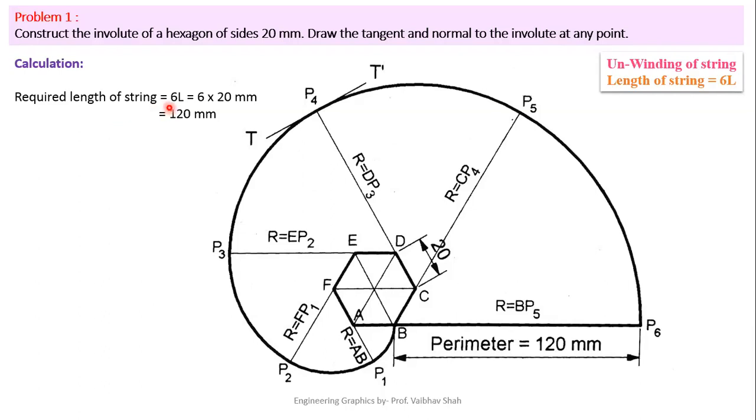If you want to cover the complete periphery of the hexagon by string, we require 6L length of string. Now 6 is nothing but the total number of sides of the hexagon, and L is a single side length. So 6 into 20, that means we require 120 mm of total length of string to cover the complete hexagon.